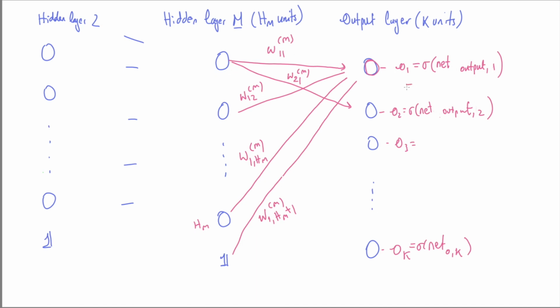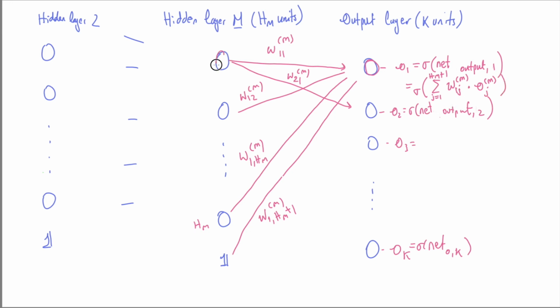So this would be sigma of the sum, j equals 1 to hm plus 1 of the weighted combination, so w1j, okay, multiplied by the outputs of the previous layer.